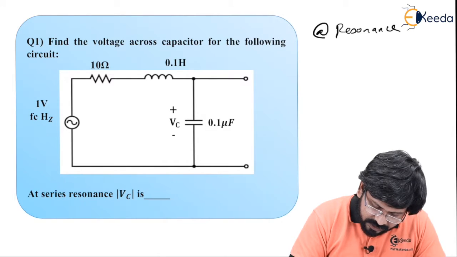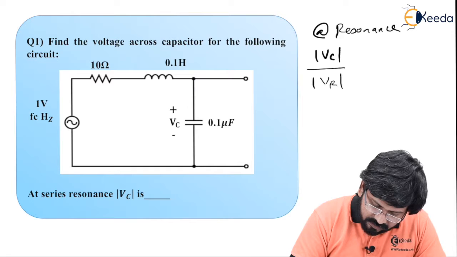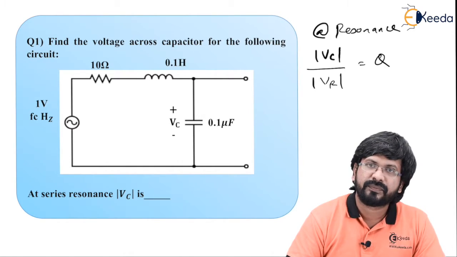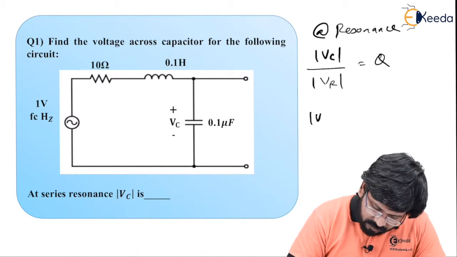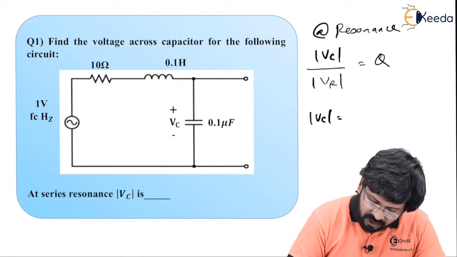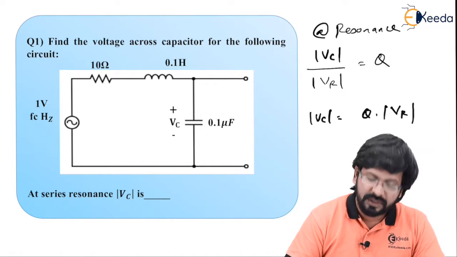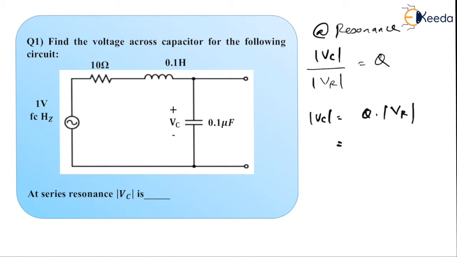One should remember that mod of Vc upon mod of Vr is always equal to Q, or you can say mod of Vc, that is magnitude of Vc, is Q times magnitude of Vr. Q for series RLC circuit is given by straightaway formula.